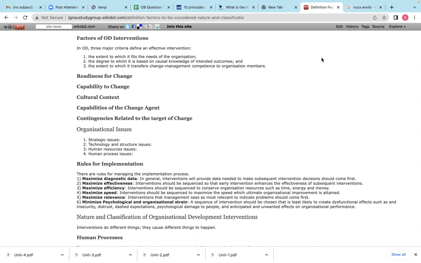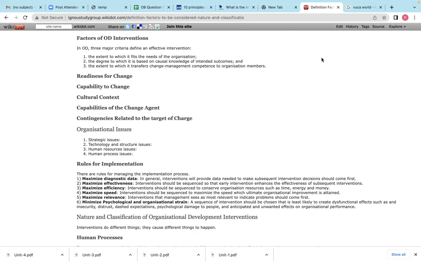And three, the extent to which it transfers change management competence to the organizational members. Okay, so it is also about how exactly this entire intervention can be managed, the competence with which change management could be done. That is another criterion to make this intervention effective.